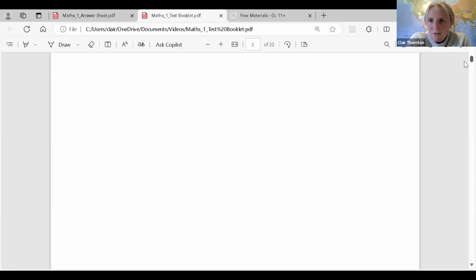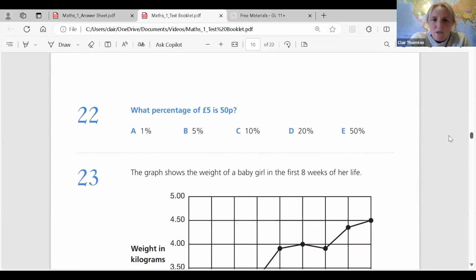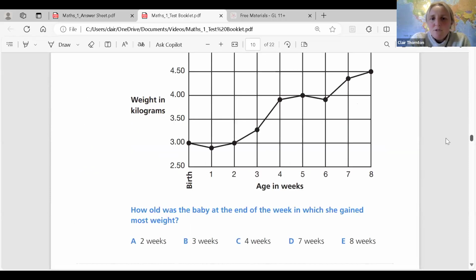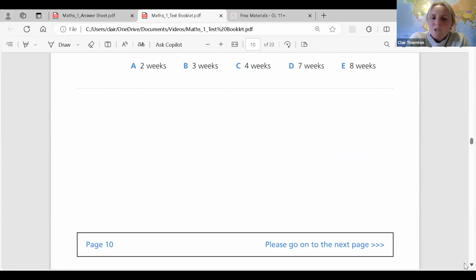But for the moment, I think if you have a go at going up to question 23, which, as I say, is to the end of the baby and her weight one, up to page 10, then that will be a really good start, and we can have a look at the specific kinds of questions, and I will talk through how to do some of the maths for specific kinds of questions in our next session.